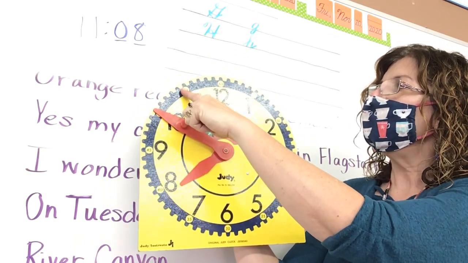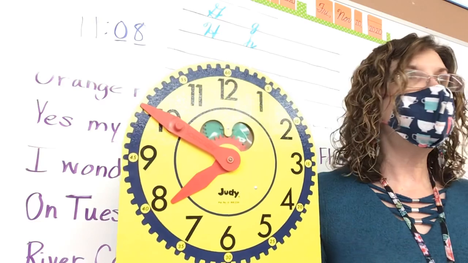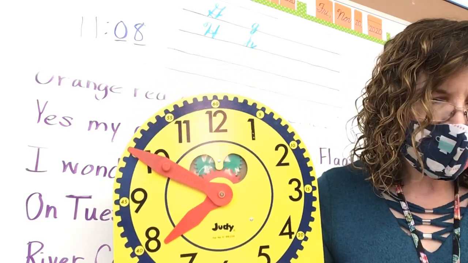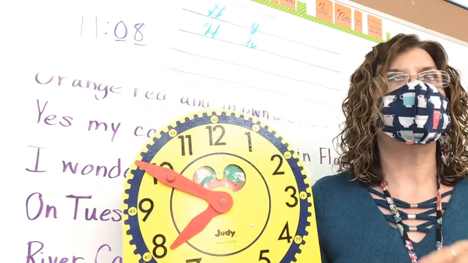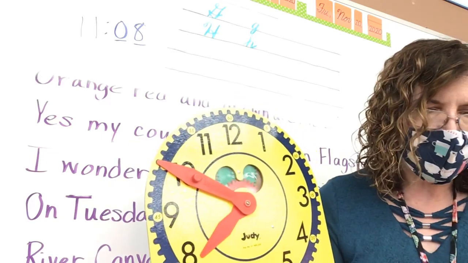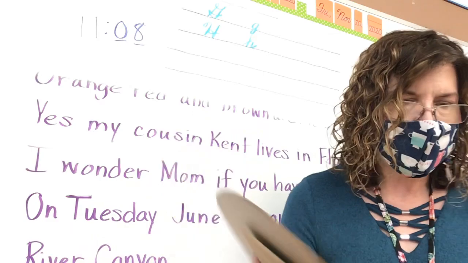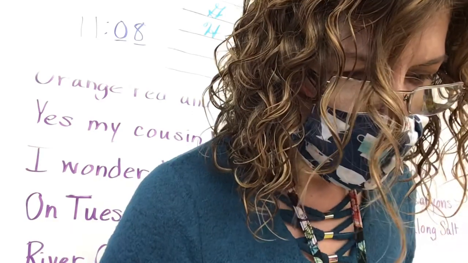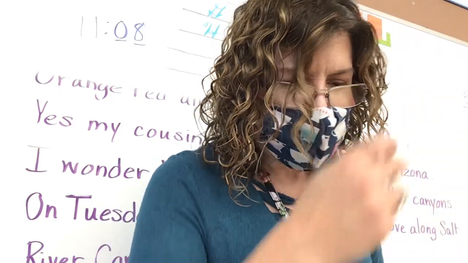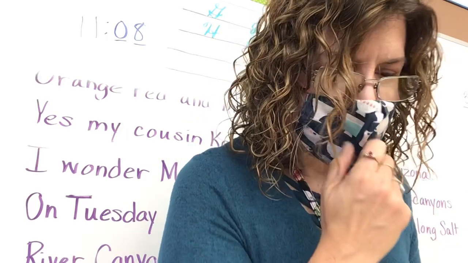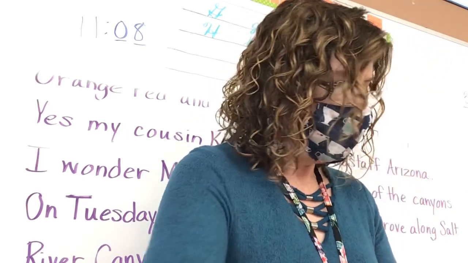Count backwards. 5, 10. How many minutes, guys? 10. 10 minutes before what? 8. The next hour is 8. If it's at 7:50, 7 is the hour. The next hour is 8. So 10 minutes before 8. I said the wrong thing, 10 minutes before 8.